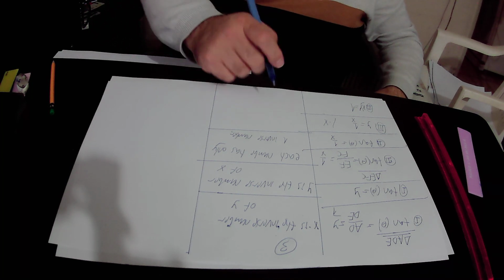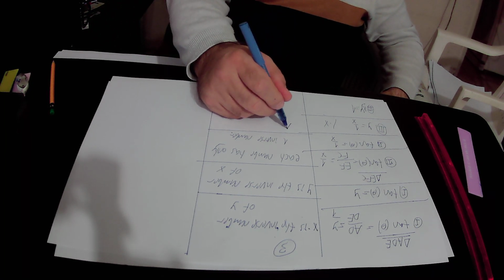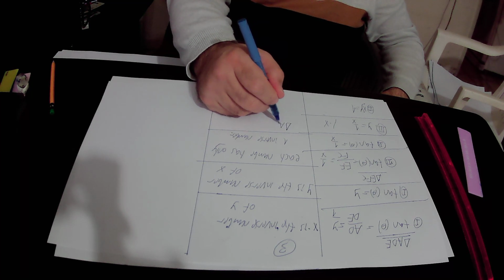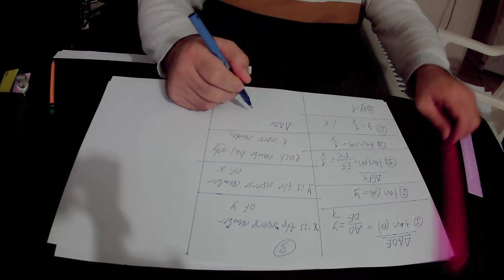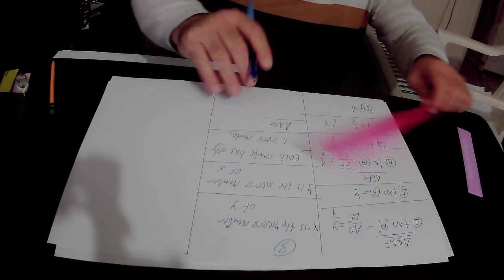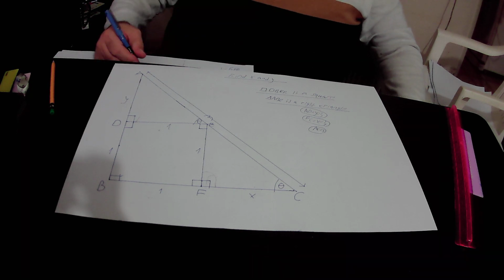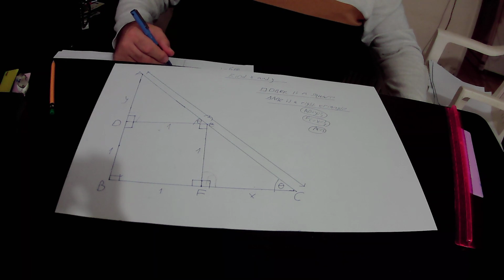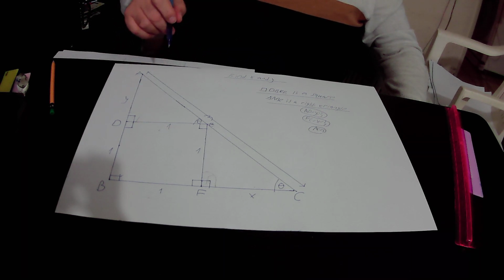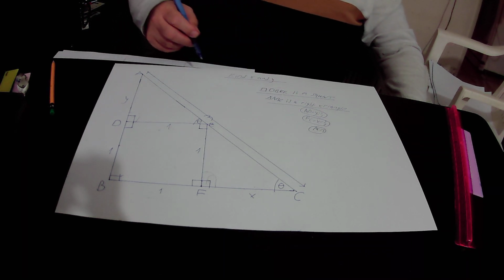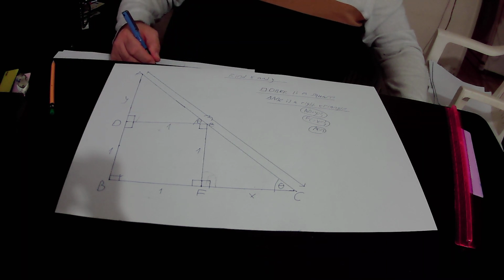In the next step, we will focus on the right triangle ABC. In the right triangle ABC, according to the Pythagoras theorem, the square of the hypotenuse is equal to the sum of the squares of the perpendiculars. The hypotenuse is AC, and the square of the hypotenuse is AC squared. So AC squared equals the sum of the squares of the perpendiculars.